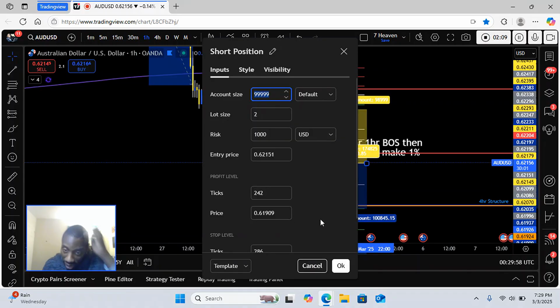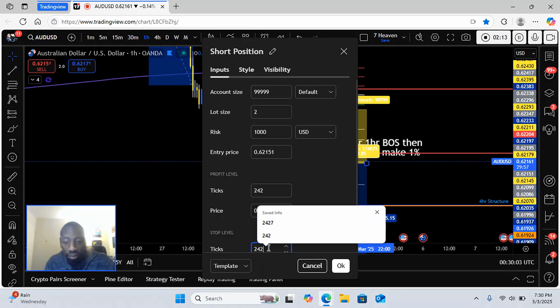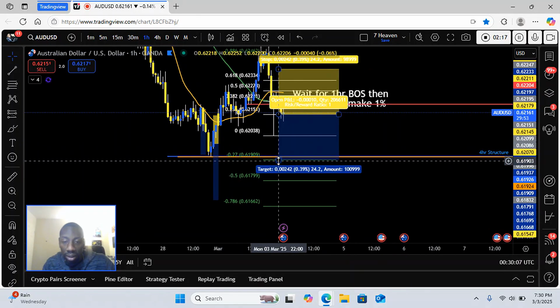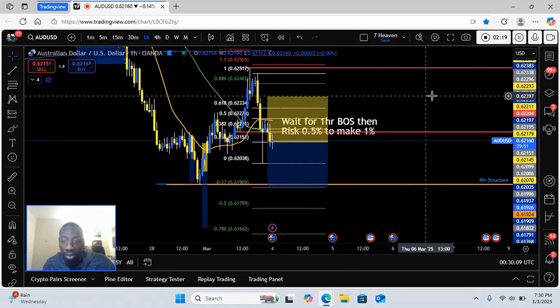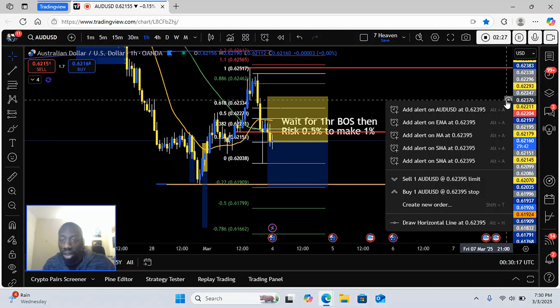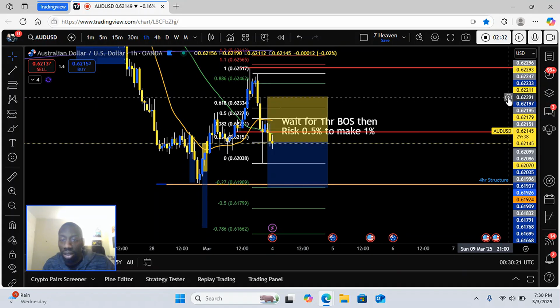I just gotta line everything together here. Right now I'm just getting my measurement for that level, which I'm gonna delete my trade setup if it touches this alert.